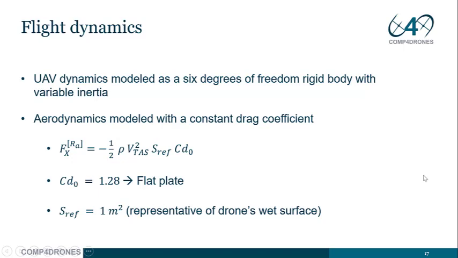And finally, this is the flight dynamics. The UAV dynamics is modeled with a rigid body with 6 degrees of freedom and variable inertia. The aerodynamics is modeled in a very simple way. We have just a constant drag coefficient representative of a flat plate positioned perpendicularly to the flow and a reference surface of 1 square meter, which is representative of the drone's wet surface.